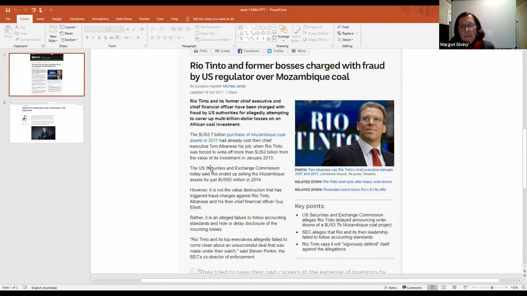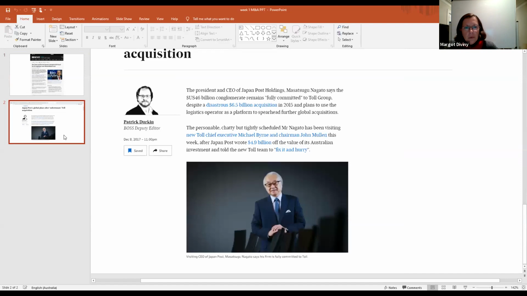Have we read that one? Okay, and the second one's a bit shorter, so similar idea. So hopefully everyone's read that one.